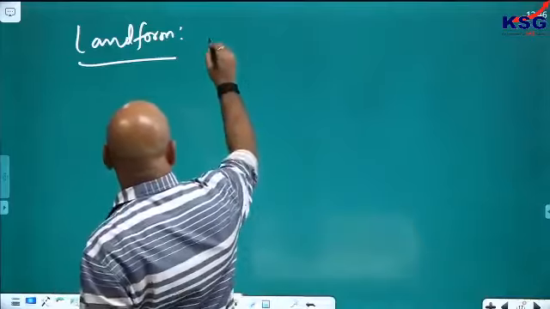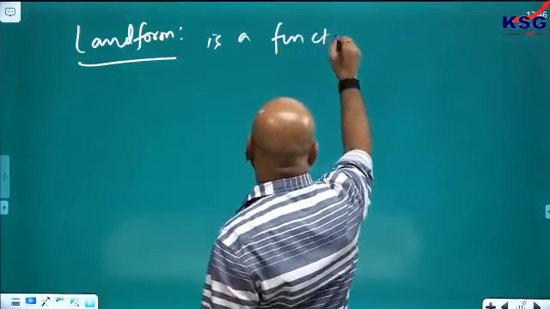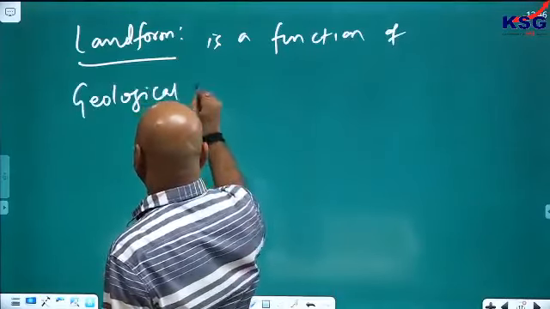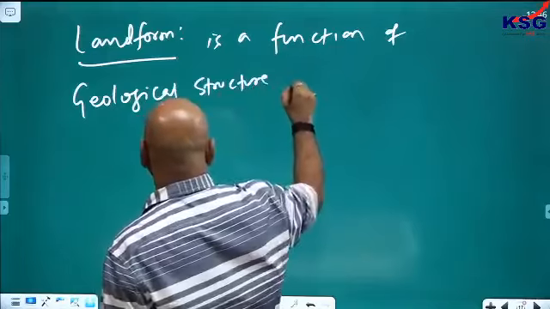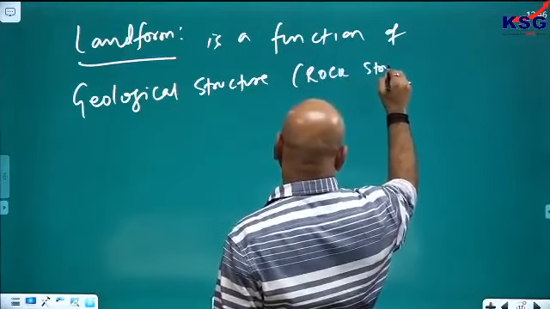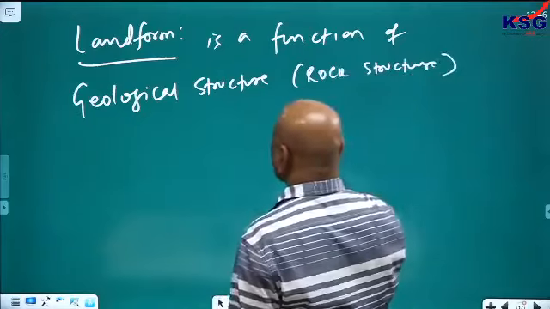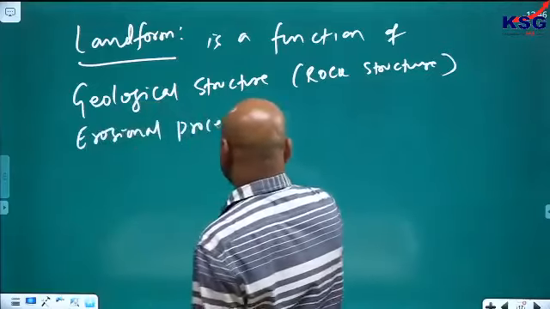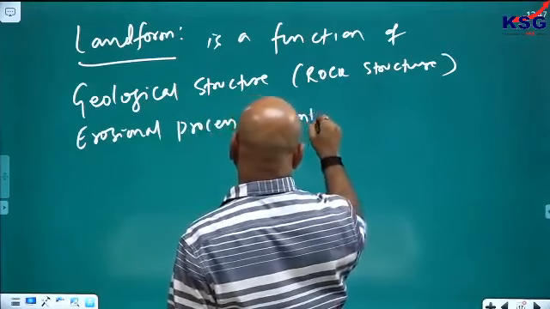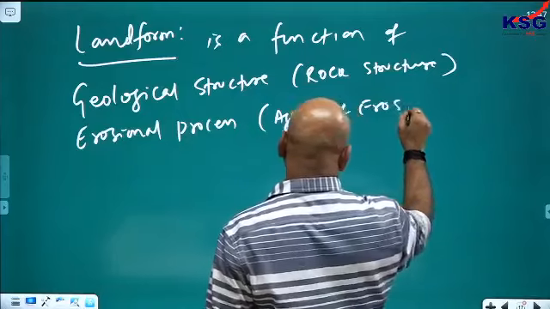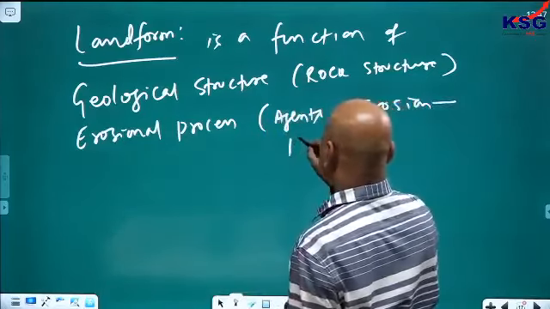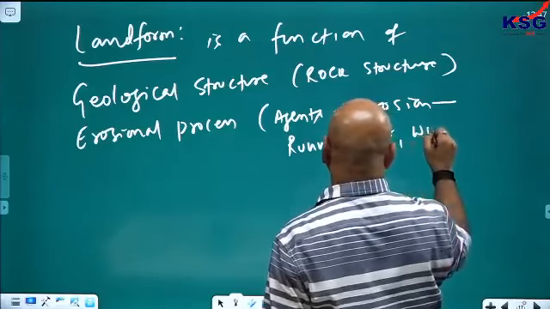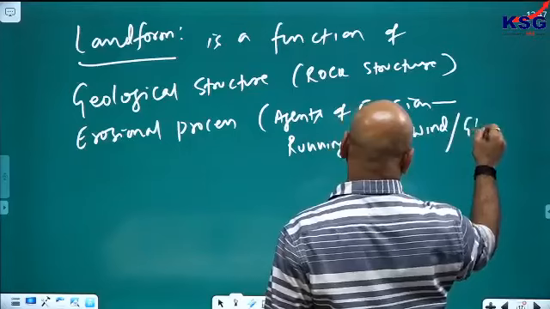Landform is a function of geological structure or rock structure, erosional process, the agents of erosion, like whether it is running water or wind or you have glacier.